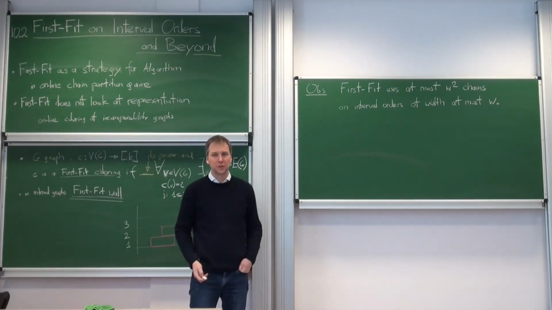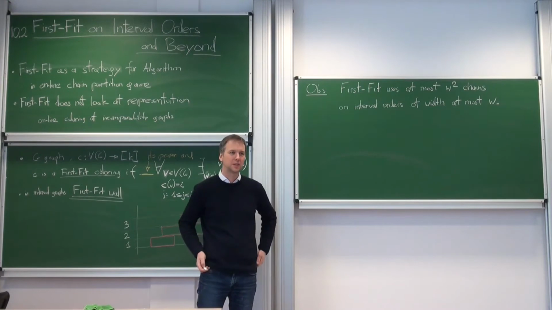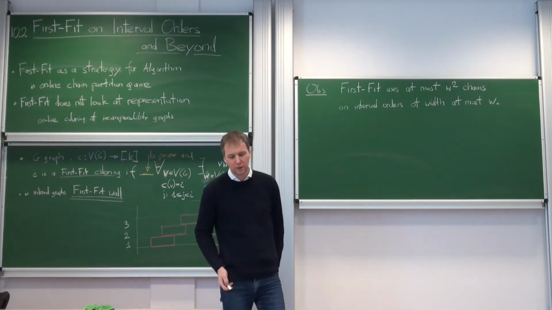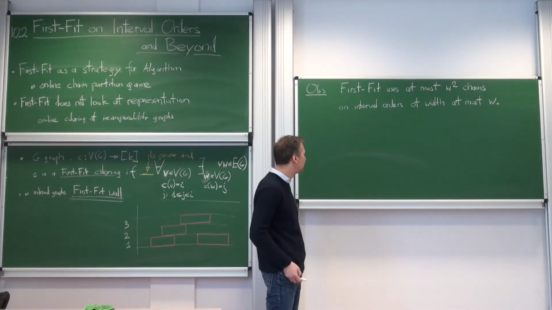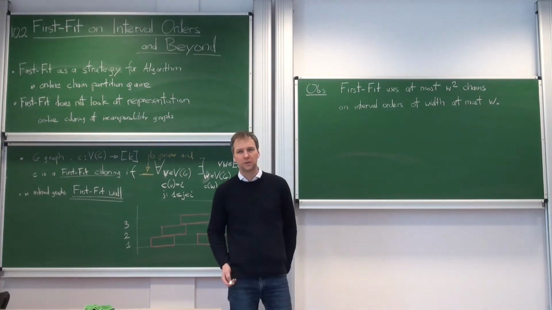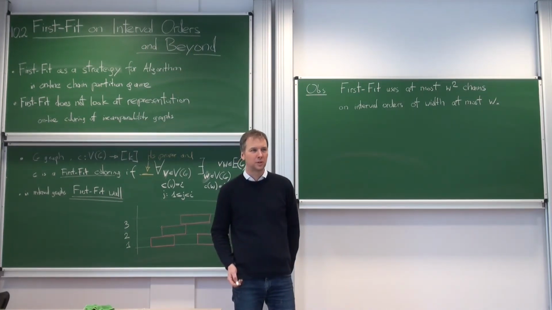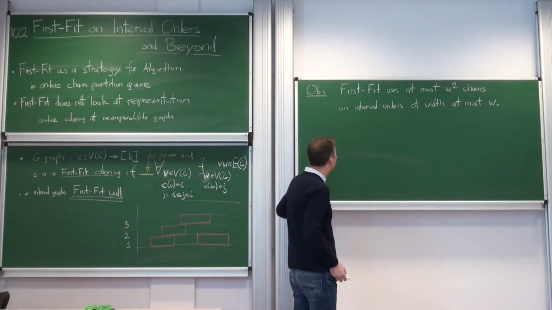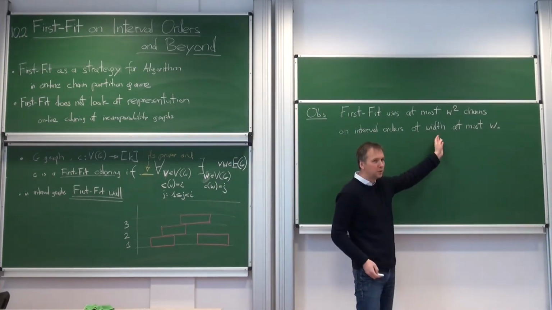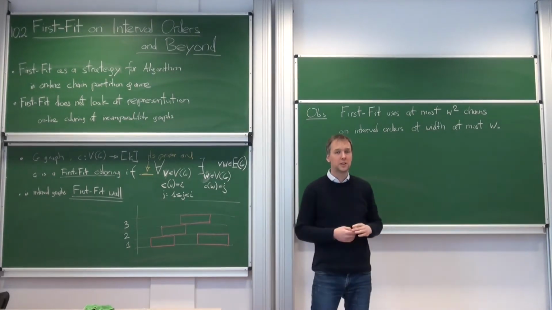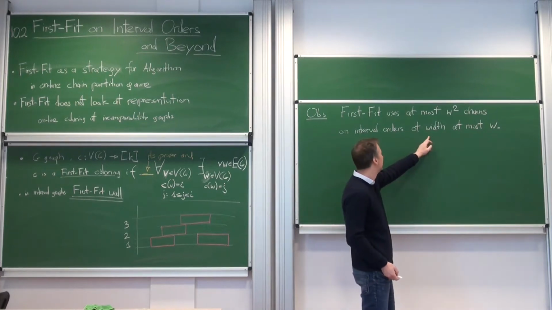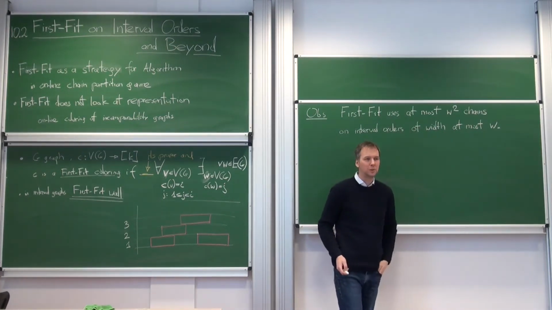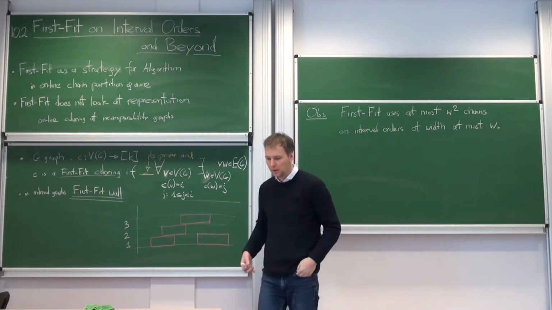Let's first see that first fit actually makes some sense, playing on interval graphs, using a function of the optimum number of colors. Given interval orders of width at most W, or a family of intervals of clique size at most W, first fit uses at most W squared colors.